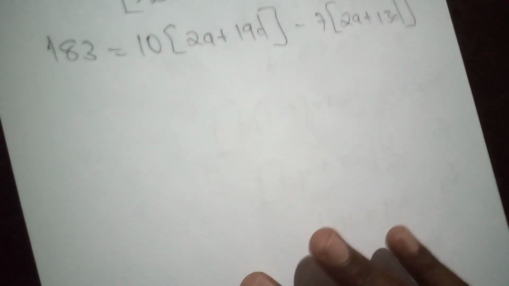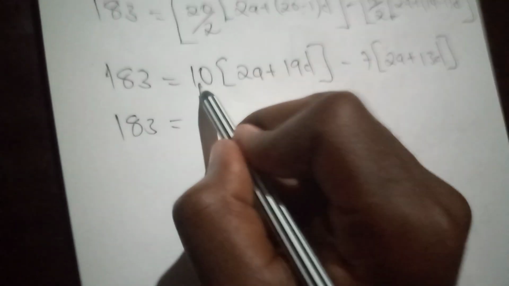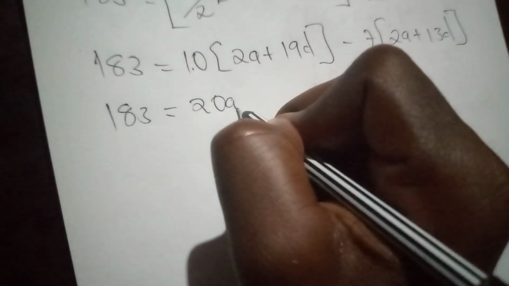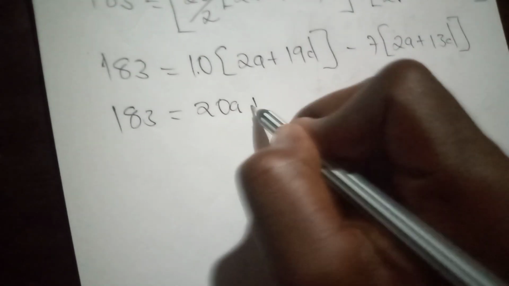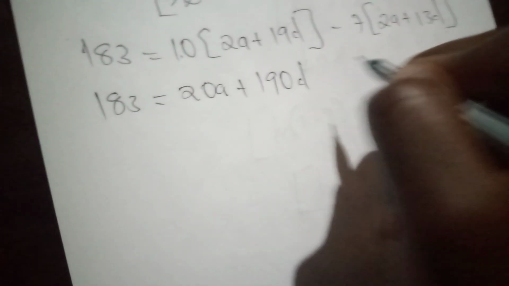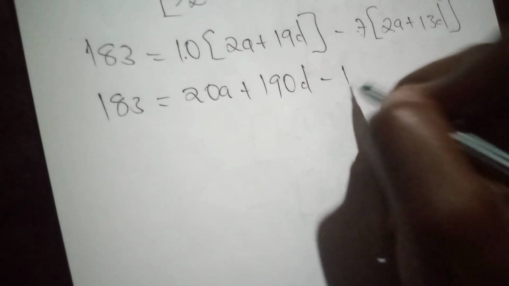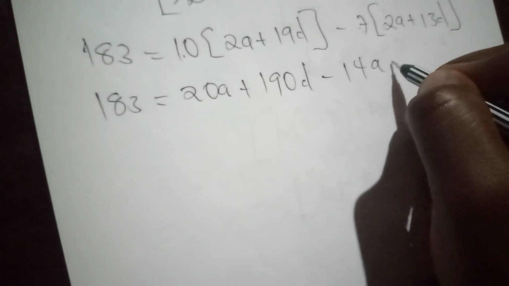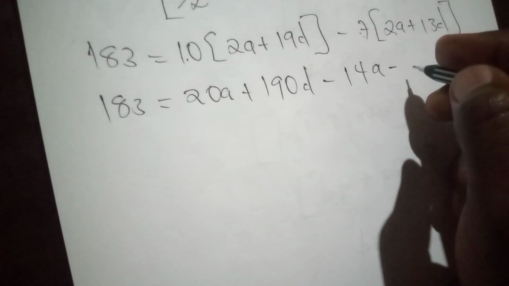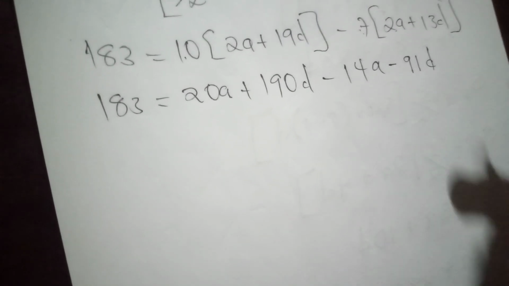So from there, multiply. 183 is equal to 10 times 2, which is 20a, plus 190d, minus 7 times 2, that is 14a, minus 91d.